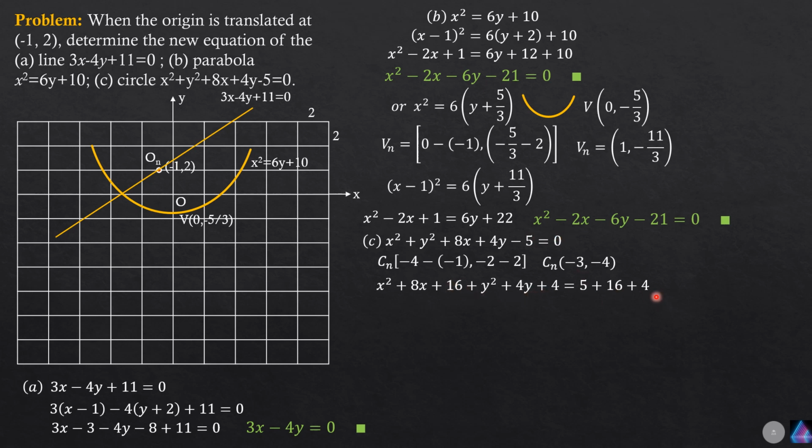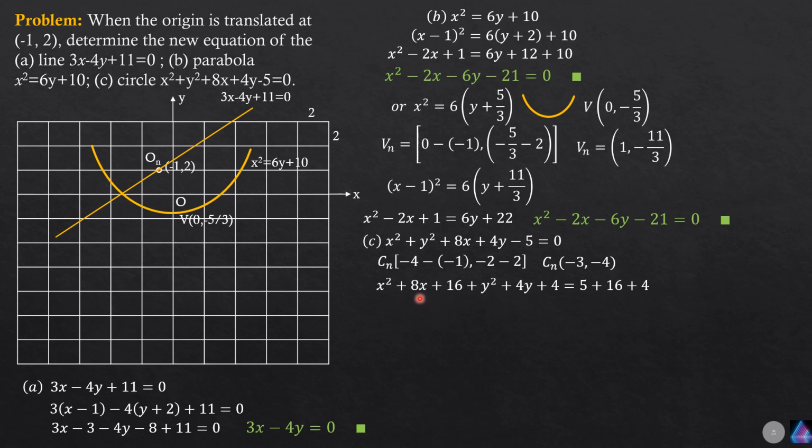We also add the same terms in the right side. So to complete the square, remember we add the square of 1/2 of the coefficient of the first degree term. So 1/2 of 8, quantity squared, is 16. 1/2 of 4, 2 quantity squared, is 4. So that's the technique, if you can recall.